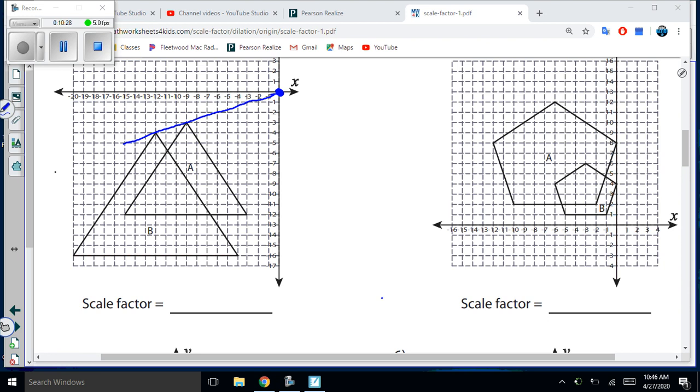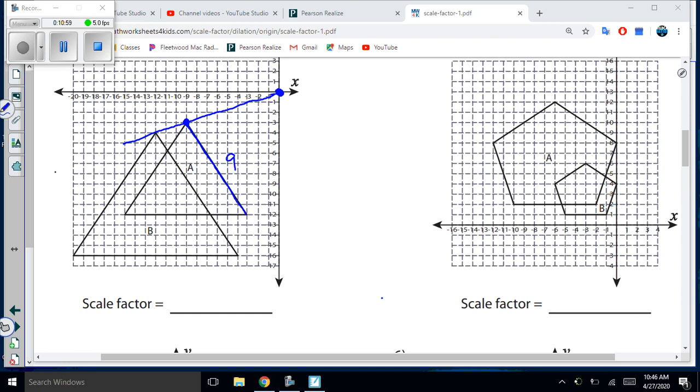The scale factor. So this is going to be interesting. The scale factor here is going to be what? Well, if you took a look, for example, at A, and you said, again, we're just counting to compare. So if we look at this and counted each of these angles as this, we're going to go 1, 2, 3, 4, 5, 6, 7, 8, 9.